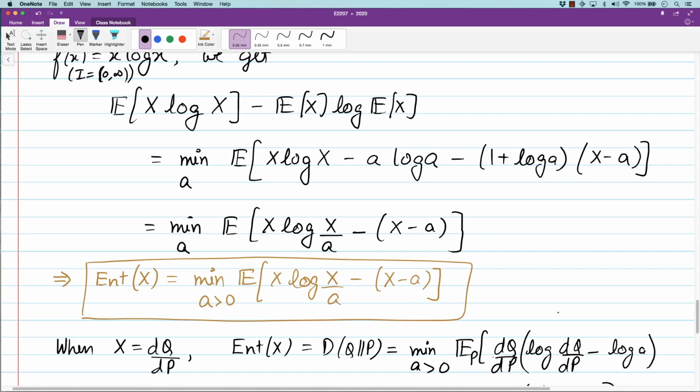Now we will use this variational formula for entropy to derive the so-called modified log-Sobolev inequality, which will allow us to extend the concentration bounds that we saw in the previous lecture for uniform random variables over the Boolean hypercube and for Gaussian random variables to arbitrary random variables. That's what we'll do in the next class. Just remember this formula. See you in the next lecture.